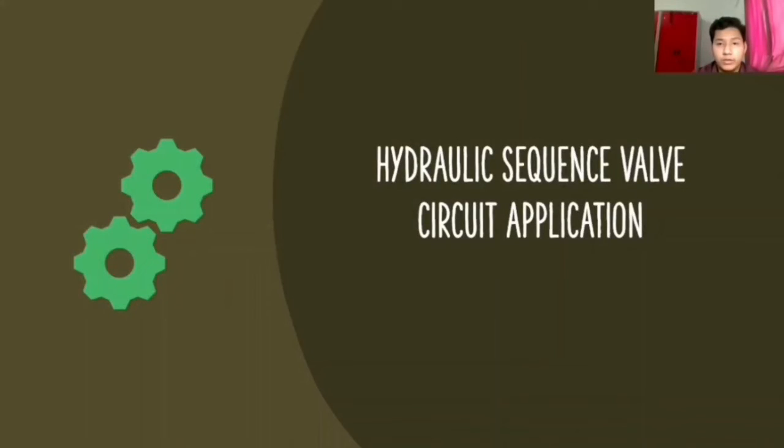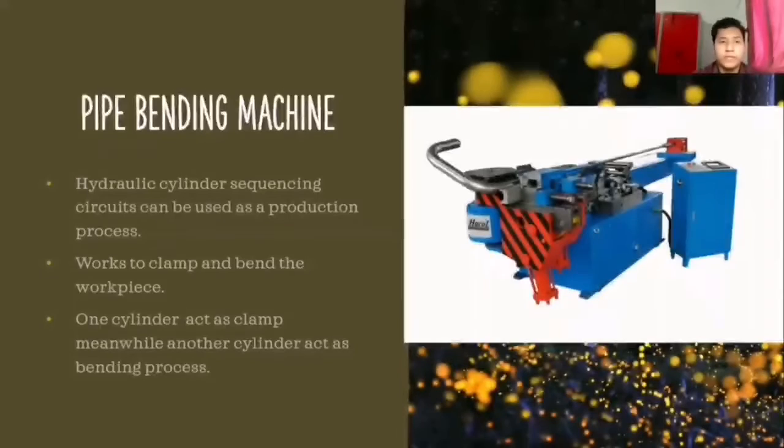In this part, there are two applications for the hydraulic sequence valve circuit. The first is the pipe bending machine. This machine is used in a production process where it works as a fixture to clamp the workpiece with the help of the power vice jaw.